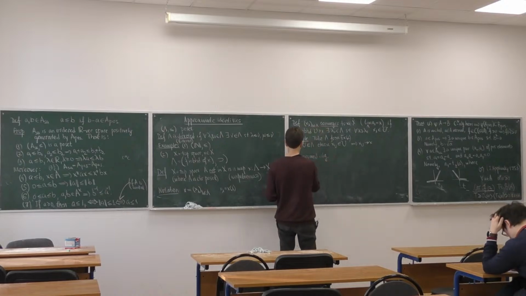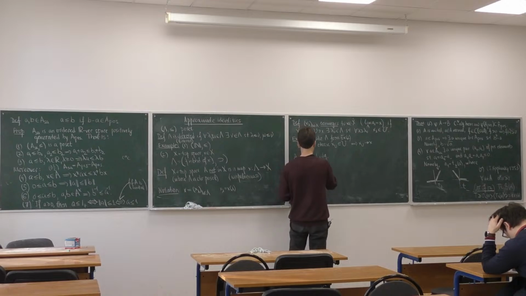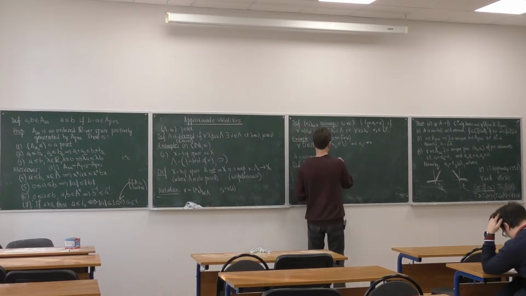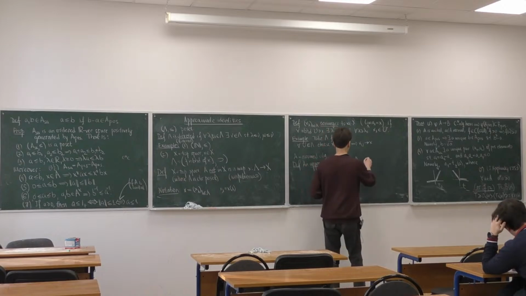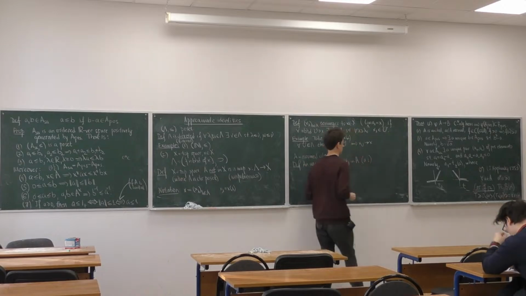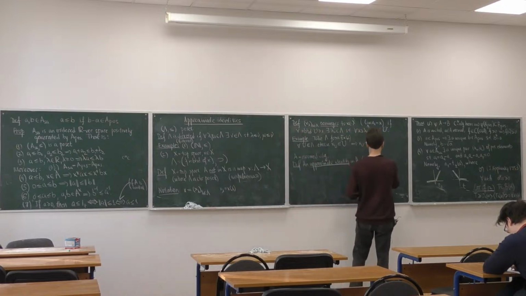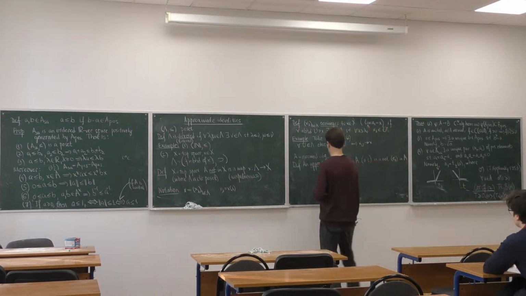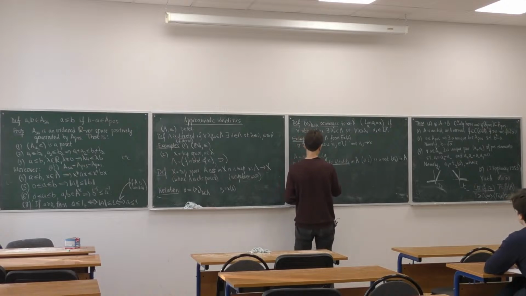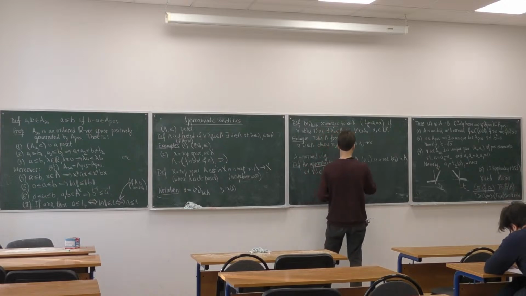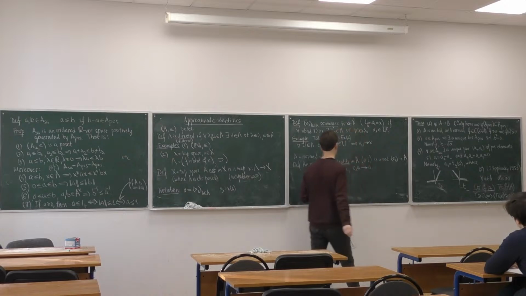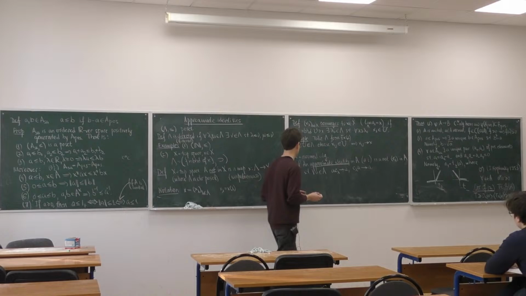Then, by definition, an approximate identity in A, usually we abbreviate it as AI, is a net E lambda in A, such that for every element a in our algebra, the net a E lambda converges to a, and E lambda a also converges to a.